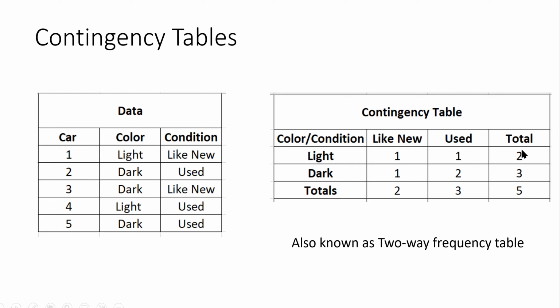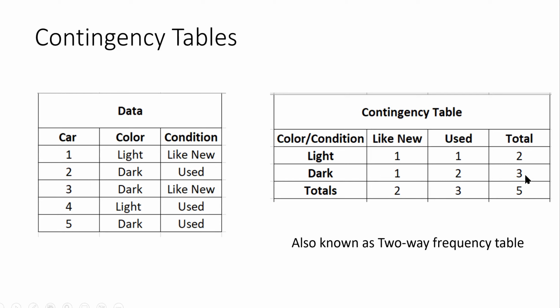So the 2 and 3 here are called row totals, and this 2 and 3 are called column totals. Now here 5 is a grand total. So notice that we don't duplicate it.